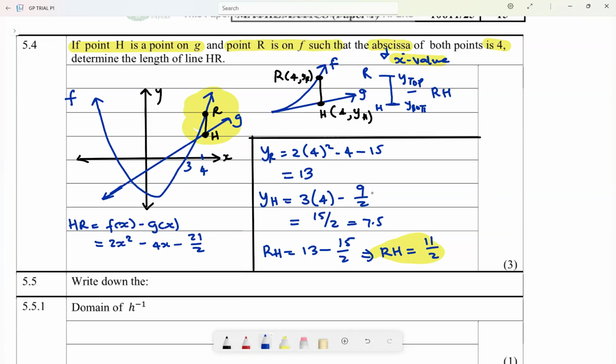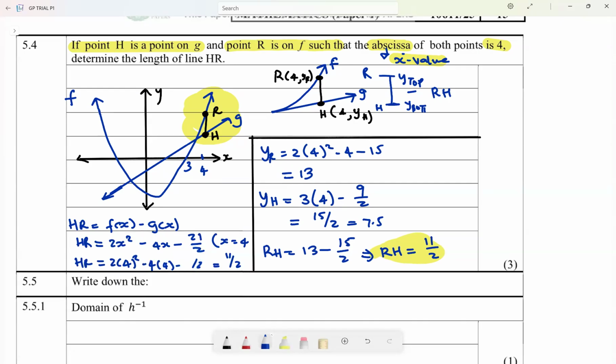And then you need to sub x, it is equal to 4, because you already know the value of x. Then you'll see 4 squared minus 4 to the power 4 minus 21 divided by 2. This will give you 11 divided by 2.